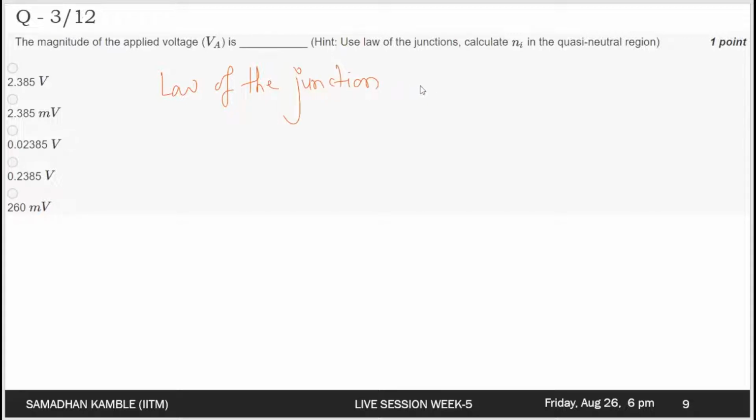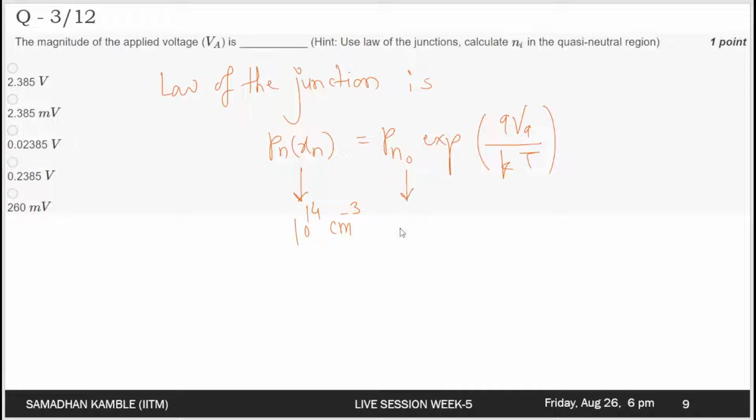Law of the junction is Pn at xn, that is at the edge, is given by Pn naught exponential of QVA by KT. We know that the Pn at the edge is given by 10 to the power 14 per centimeter cube, and the Pn0, that is the equilibrium concentration, is 10 to the power 10 per centimeter cube.